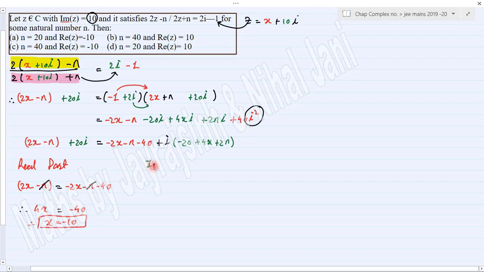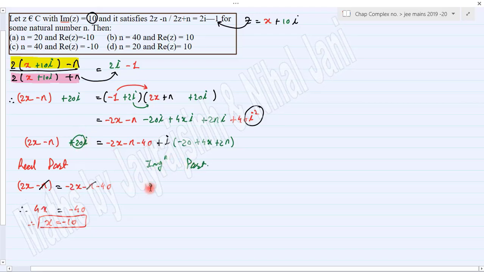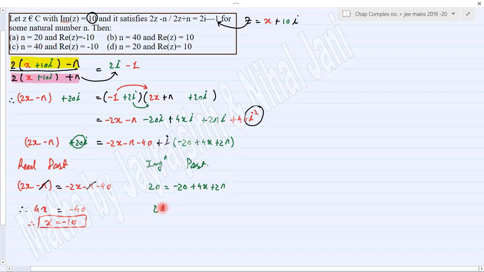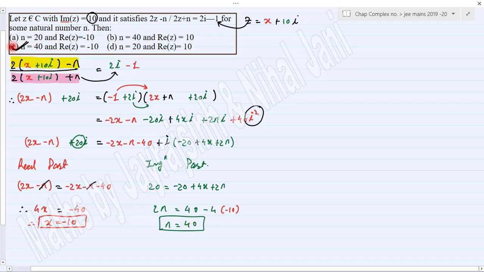Now, from the imaginary part, we will get 20 is equal to, so 2n is equal to 40 minus 4x, where your x is minus 10. So we'll get n is equal to 40, which is given in option C. Ta-da!